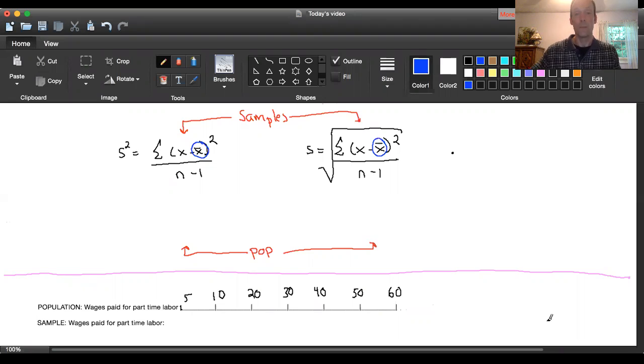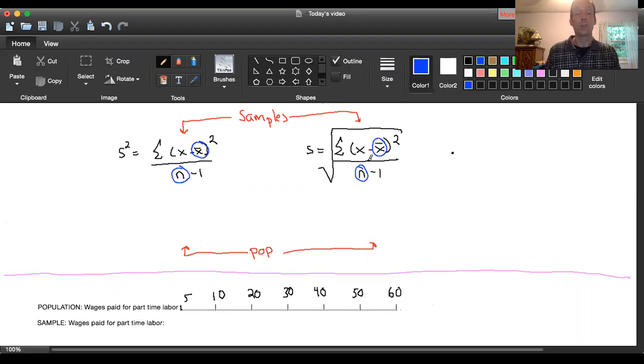Now, a really good starting point is to realize inside of our formulas, do we have anything written in that's specific to sample data? And we have a couple things already circled in here. Our X bars are standing for sample average. The other thing that's specific to a sample is it looks like on the denominator we have lowercase n's.